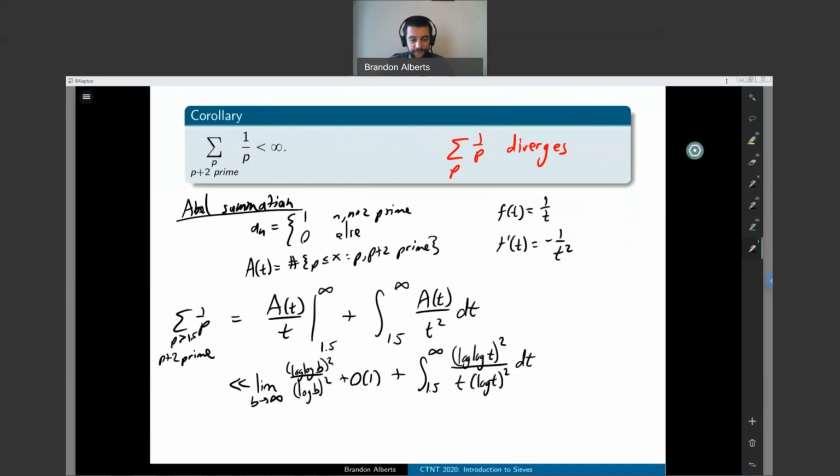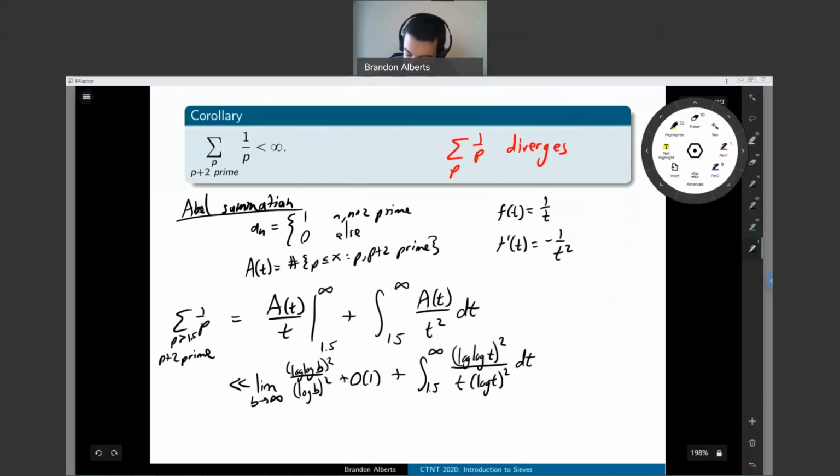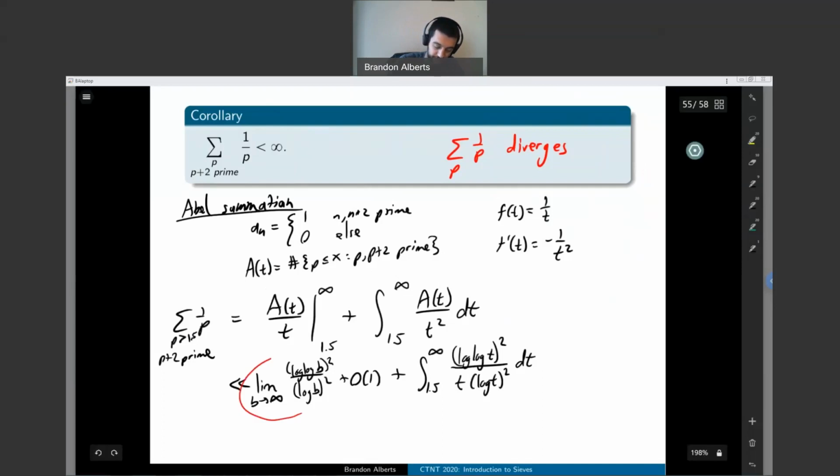Okay. First things first. This limit tends to 0. Log b on the denominator definitely grows faster than the log b on the numerator, and you can check this using L'Hopital's rule.